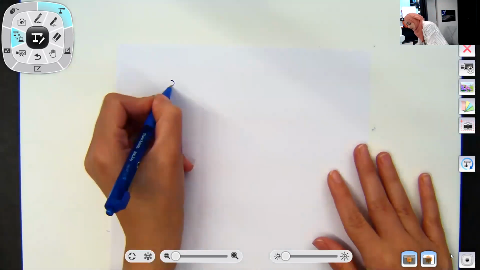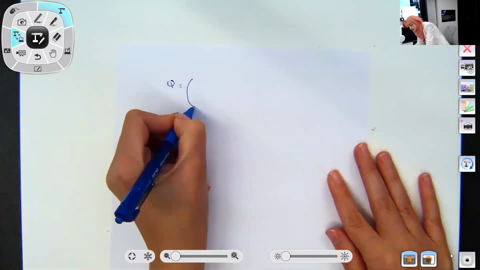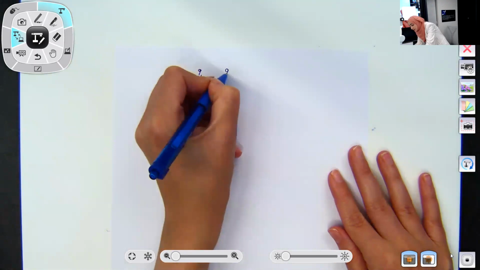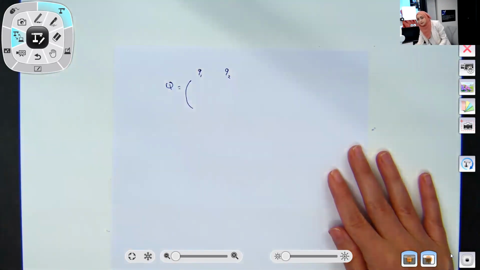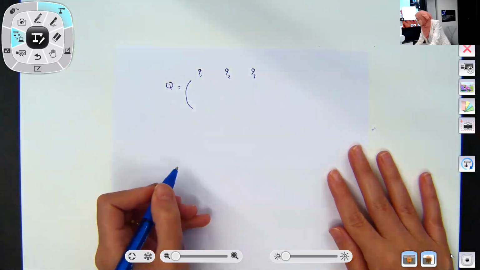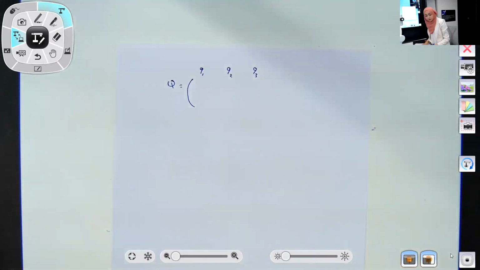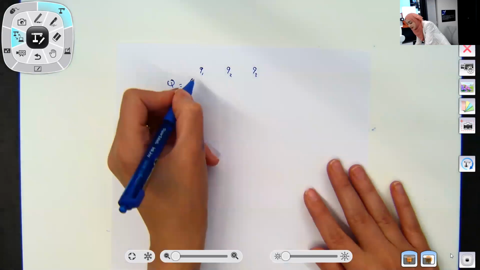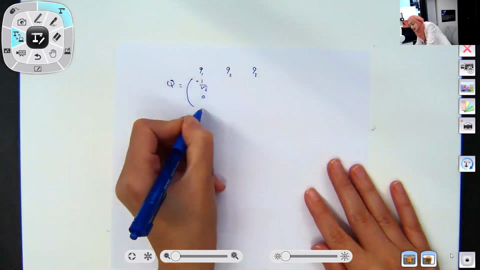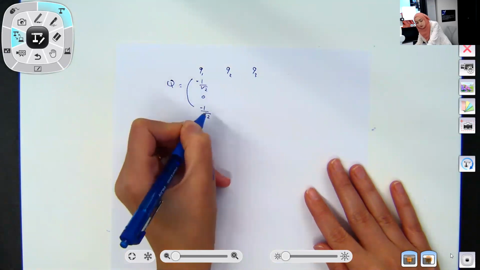So the matrix Q consists of 3 different vectors. Here we need to write Q1 in the first column, Q2 in the second column, and Q3 in the third column. If you look back, the value of Q1 is equal to (minus 1 over square root of 2, 0, minus 1 over square root of 2).